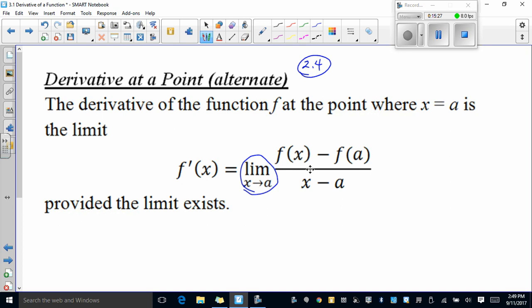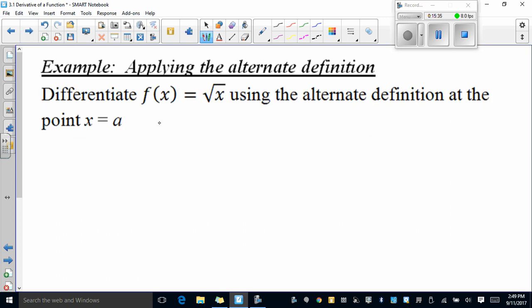So let's apply the alternate. So now remember the alternate is, I'm trying to decide where to write it, f prime of a is equal to the limit as x approaches a of f of x minus f of a all over x minus a.